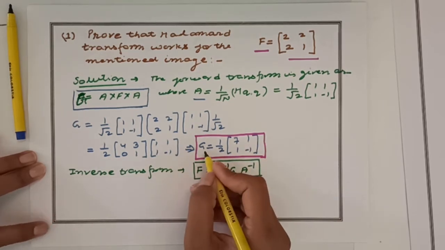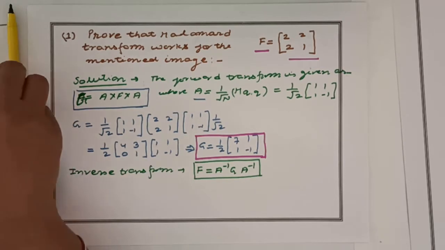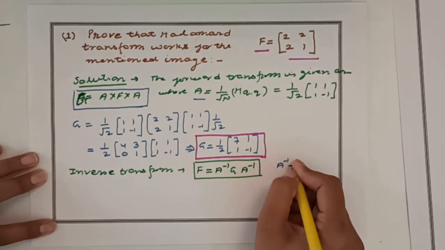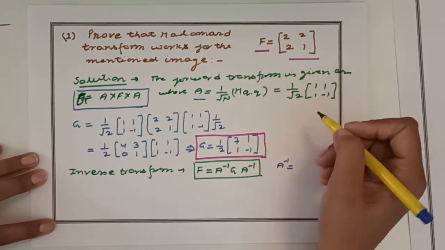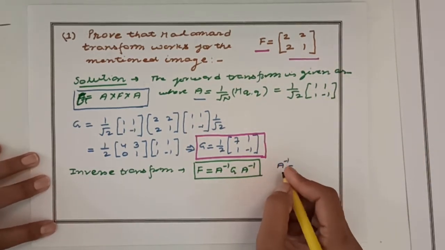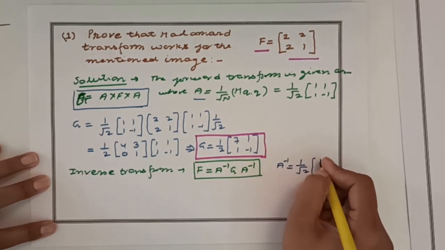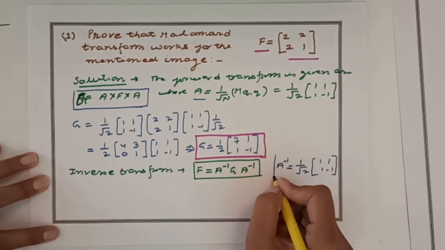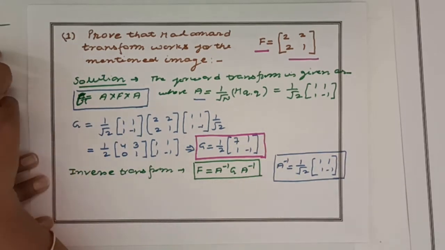You know that G you have calculated already, but what is A inverse? A you know. So A inverse would be, just interchanging row and column, 1 upon root 2 [1 1; 1 minus 1]. In this case A and A inverse are the same.